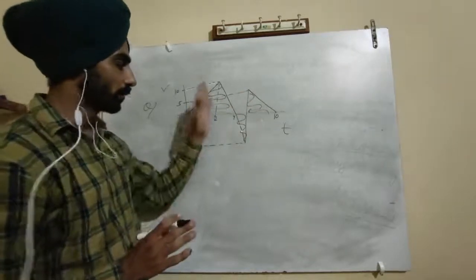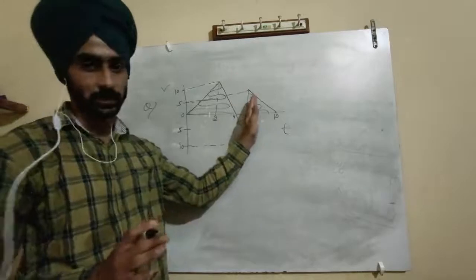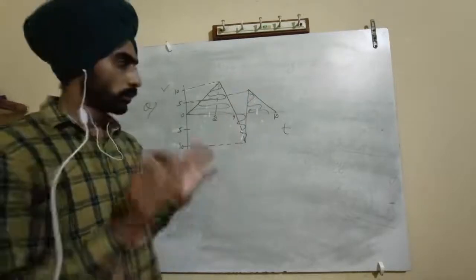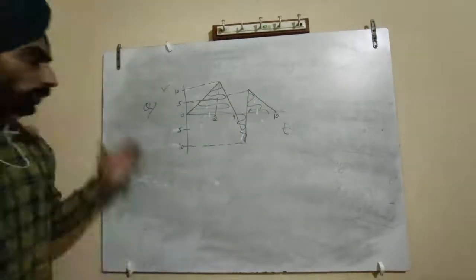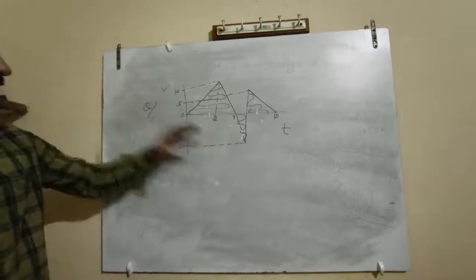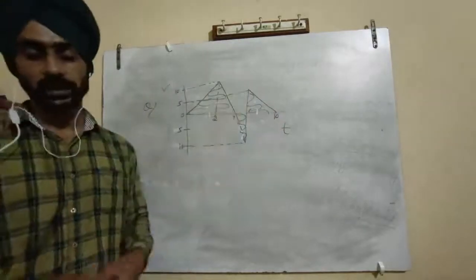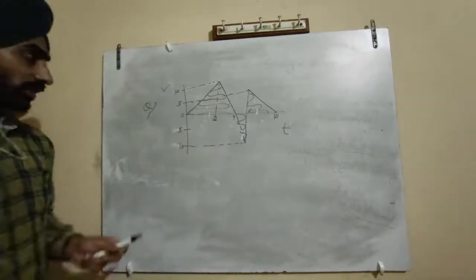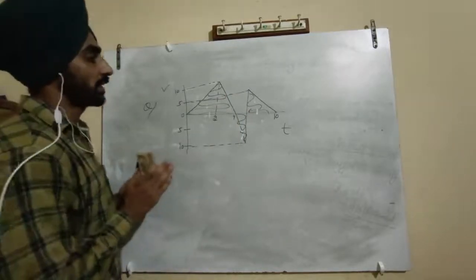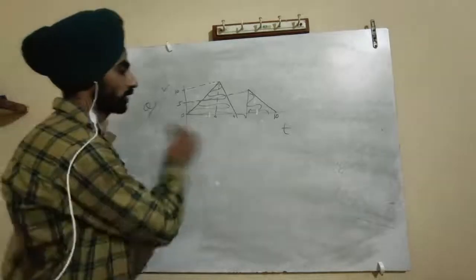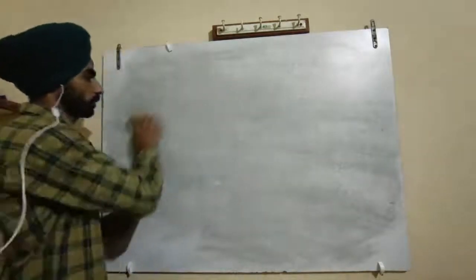Add this displacement plus this displacement plus this displacement, and you are going to get the total value of displacement. So this is the question. This is a VT graph, with first triangle, second triangle, third triangle. They have given the values of these triangles. You have to calculate the area under this VT graph, and you are going to get the value of displacement.